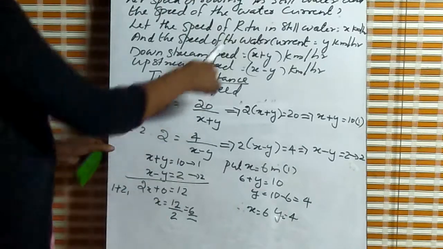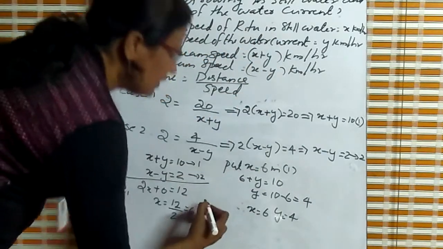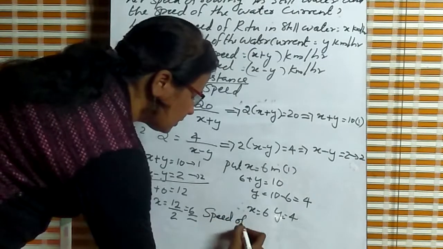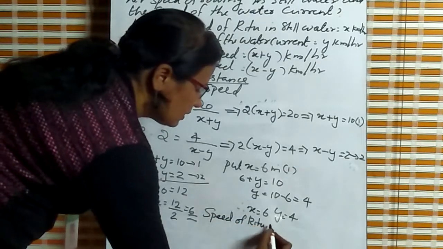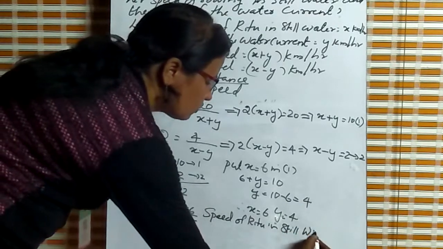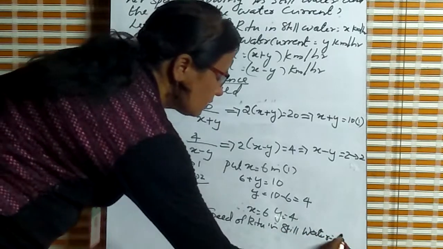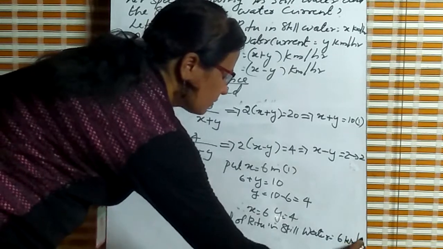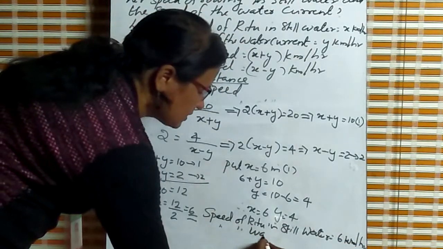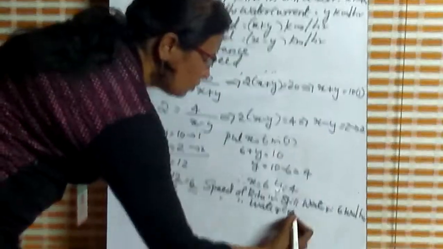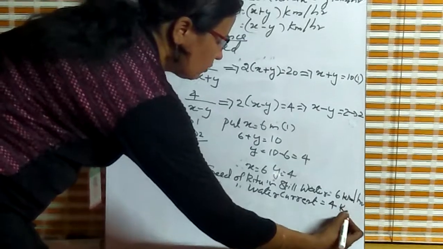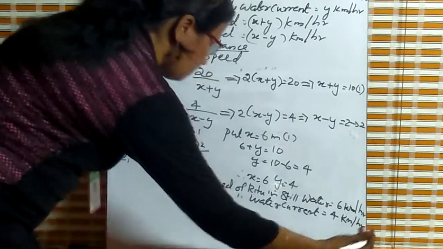Means speed of Ritu in still water is equal to 6 kilometer per hour and speed of water current is equal to y, y is 4 kilometer per hour.